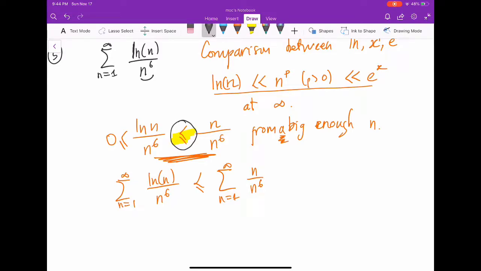But as I mentioned previously, from a big enough n, let's say n0, you would replace 1 with n0.